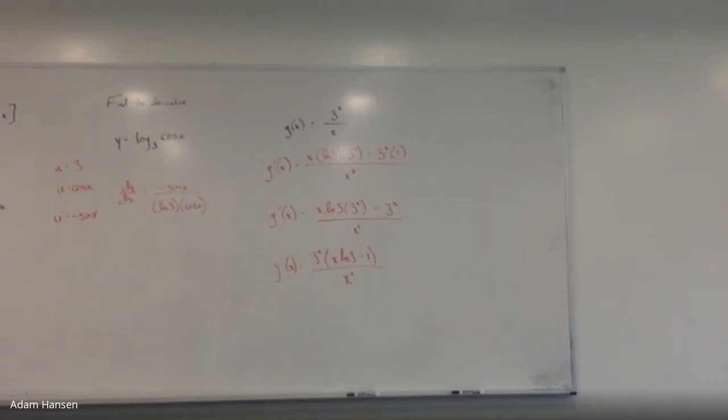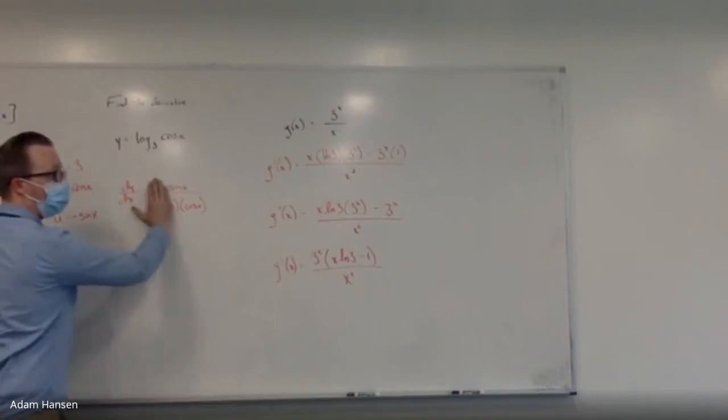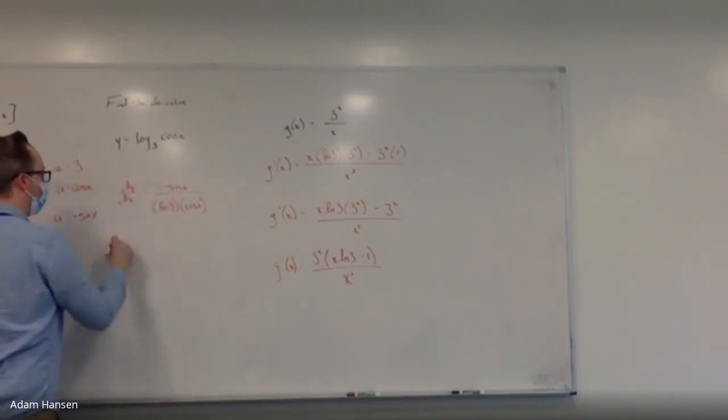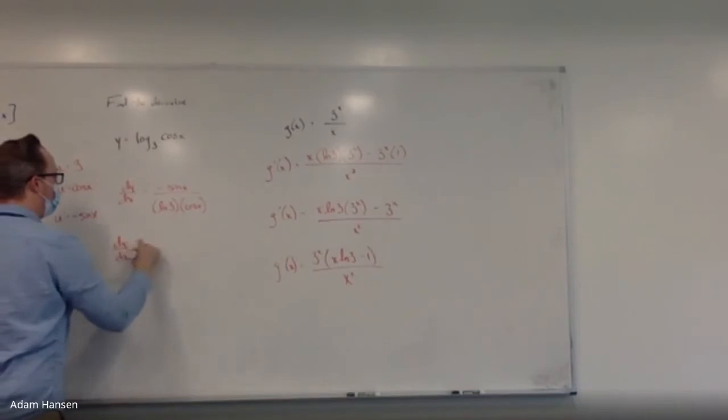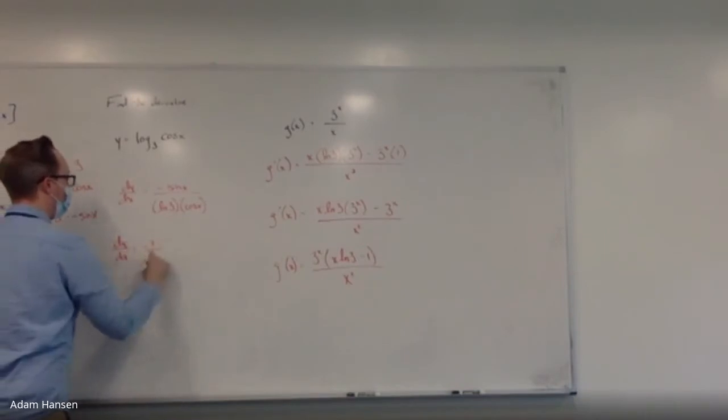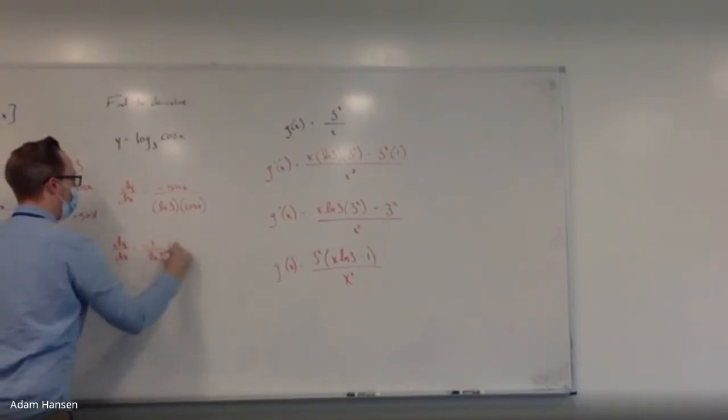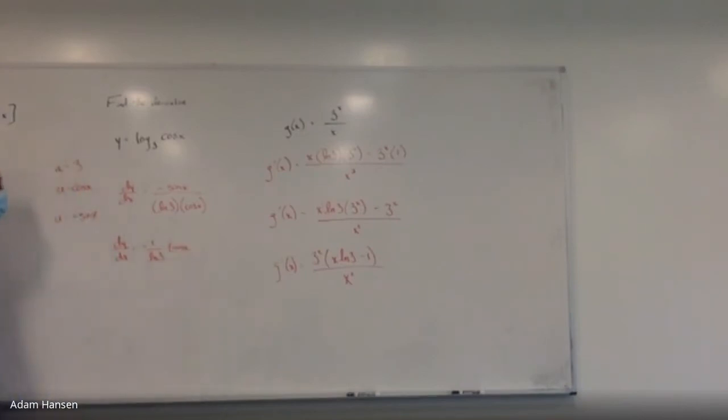Any idea how I could simplify this a little bit? So you just talk about using trigonometry? Yeah. So I can use what's here, sine over cosine, to make a tangent function. So let's see, we could do negative 1 over ln 3 times tangent x.